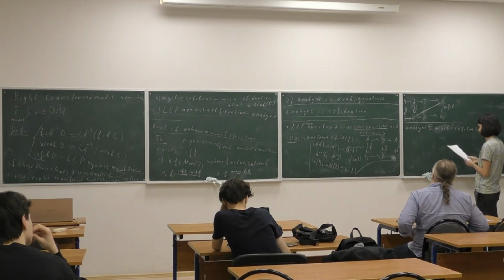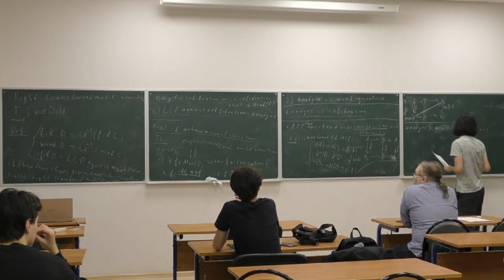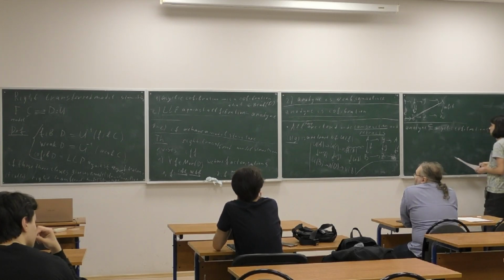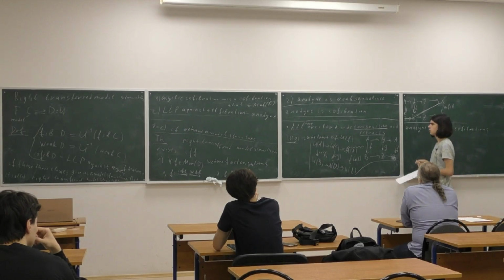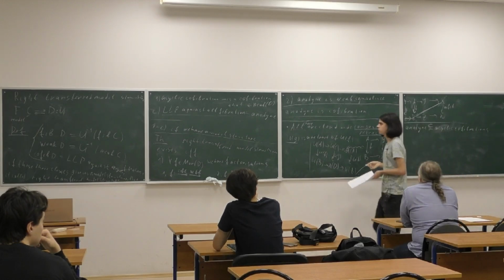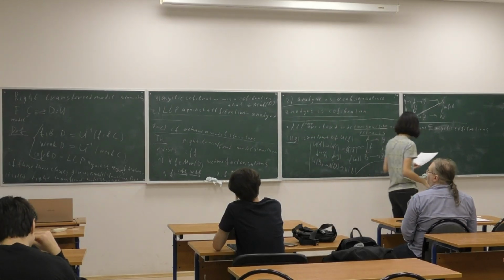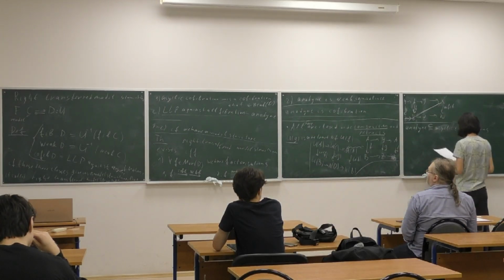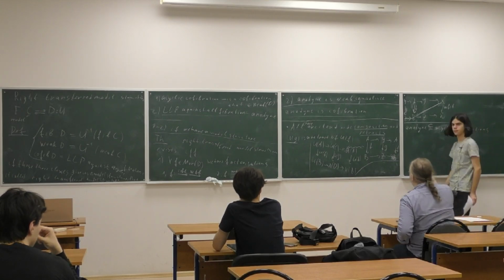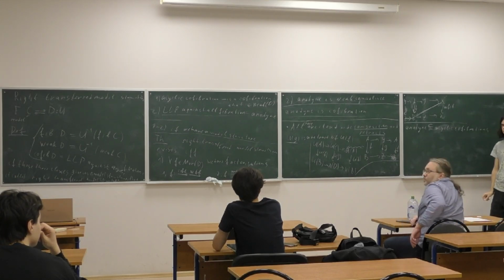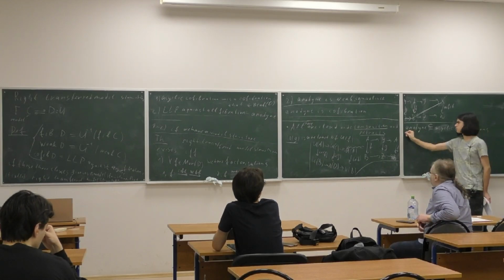So we must show that every acyclic cofibration is anodyne, which means that every acyclic cofibration has LLP against all fibrations. Okay, does everyone understand why we have this inclusion?